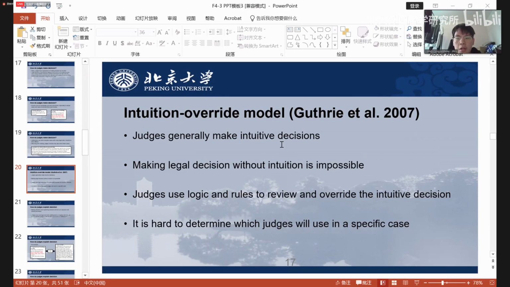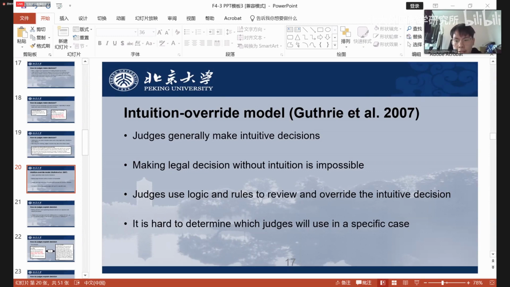It was described as an intuition override model. First of all, judges will generally make their decisions by intuition, and making decisions without intuition is impossible. But many times, judges will use logic and rules to review and override their intuition.